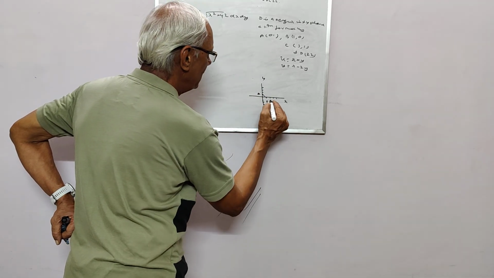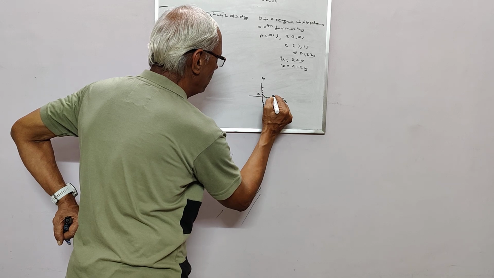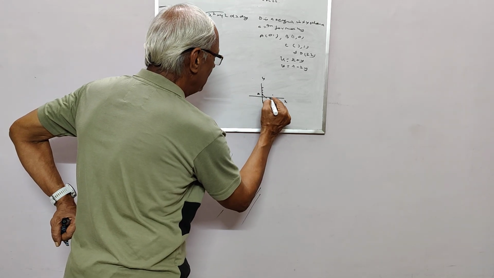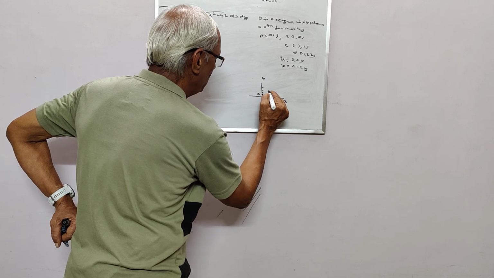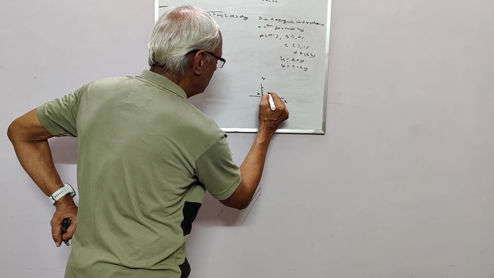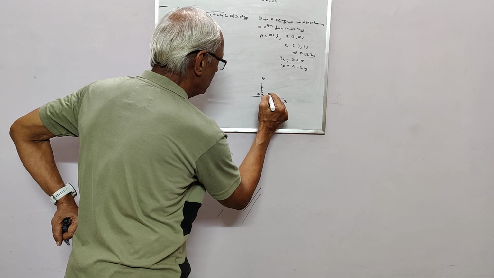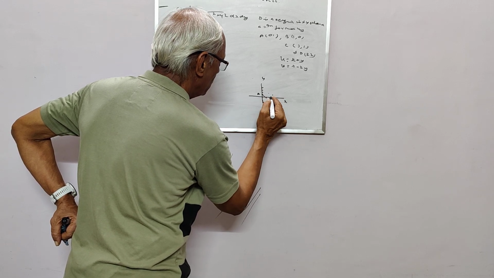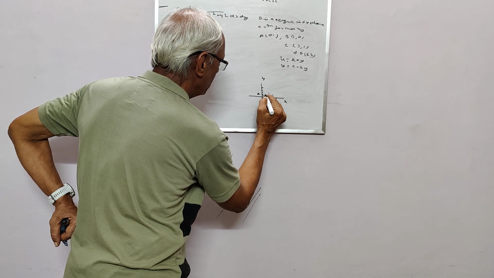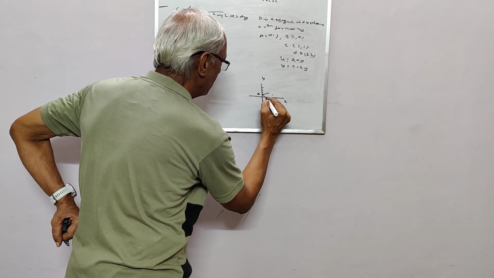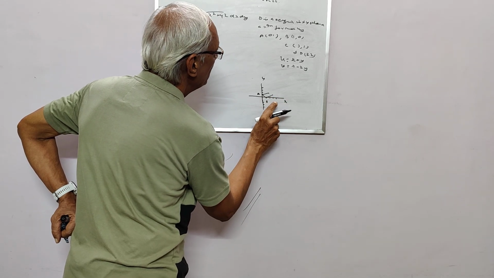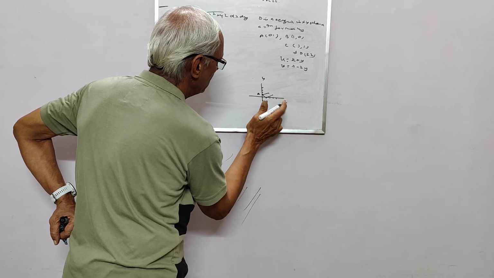Then C is 3 1. Your C is here, your 3 1 is here. And D is 2 2. So 2 2 is here.